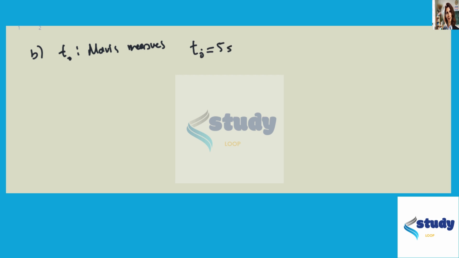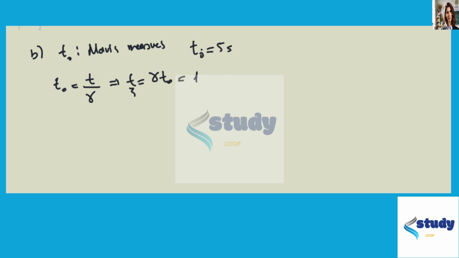Now, let's remember the time dilation equation. T naught equals t over gamma. In this case, we're given t naught and we're looking for t, so gamma times t naught is going to give us the time as measured by Stanley, the time that it takes between these two events, Mavis passing the ship overhead and turning on the lights.